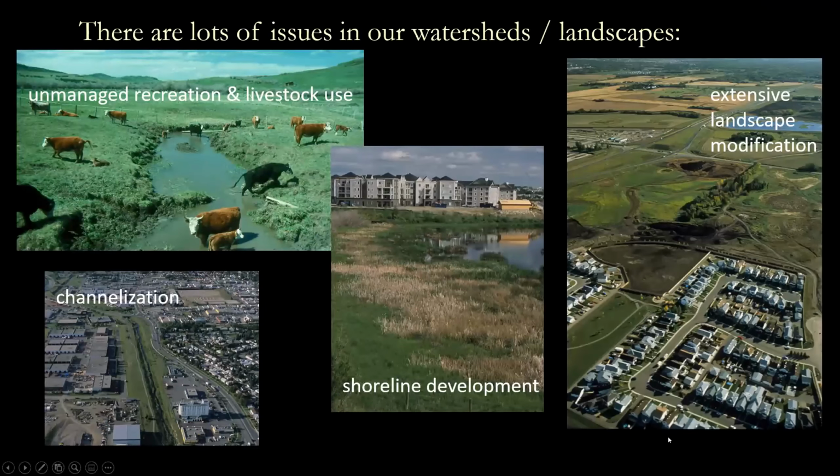There we go. So there are lots of challenges out there. There are lots of things that are affecting our landscape, and all of them can have negative consequences to the health of our landscapes, to water quality, to fish, to ecosystem health and integrity. But they can also be managed in many cases in ways that minimize or prevent those harms or risks.